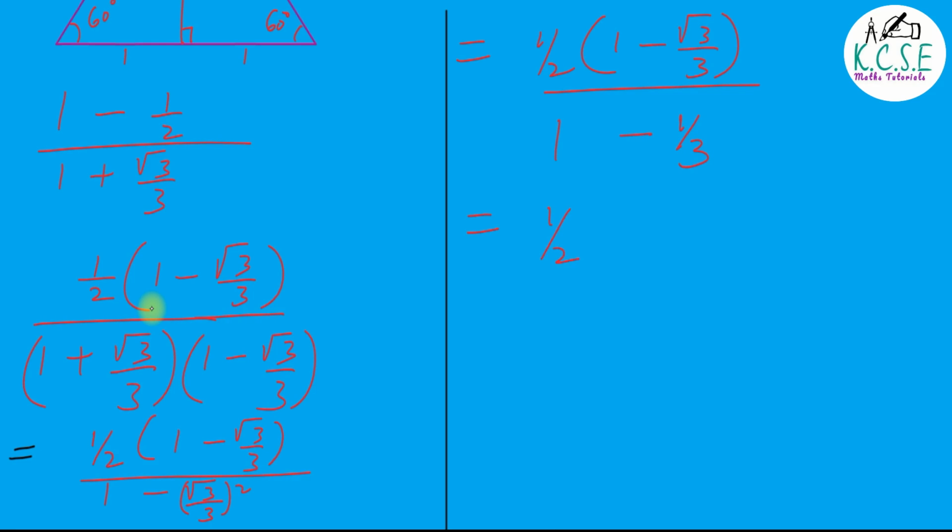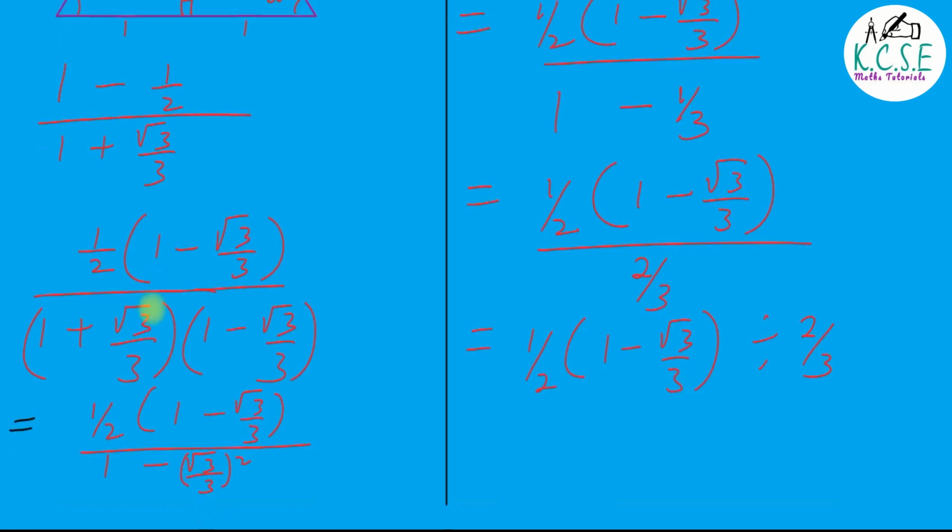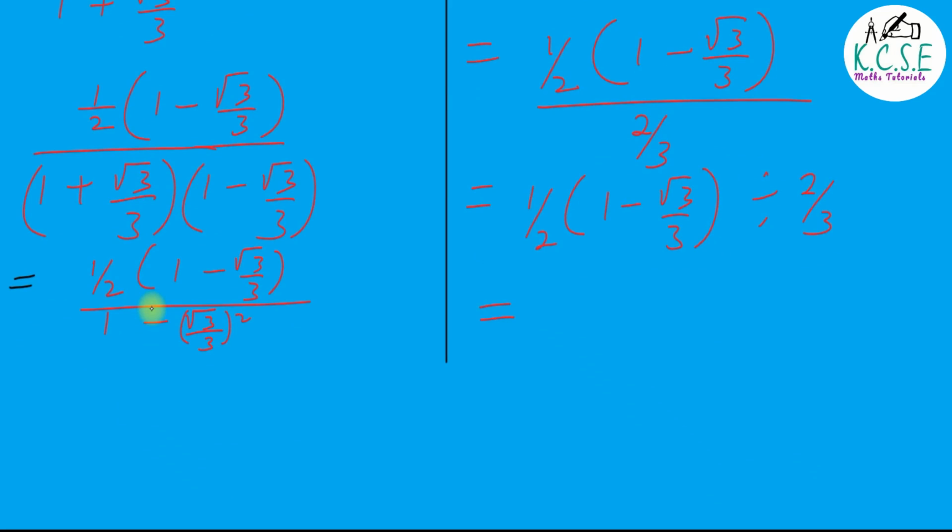So this will give a half, 1 minus root 3 over 3, divided by 1 minus a third, which is 2 thirds. So we divide this, a half, 1 minus root 3 over 3, everything divided by 2 thirds, and if you simplify this it gives 3 over 4, times 1 minus root 3 over 3.